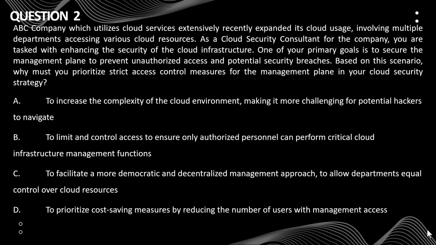C. To facilitate a more democratic and decentralized management approach to allow departments equal control over cloud resources. D. To prioritize cost-saving measures by reducing the number of users with management access. The correct answer here would be option B.